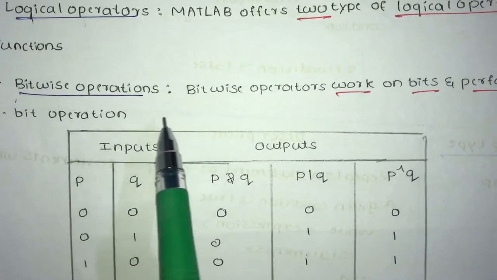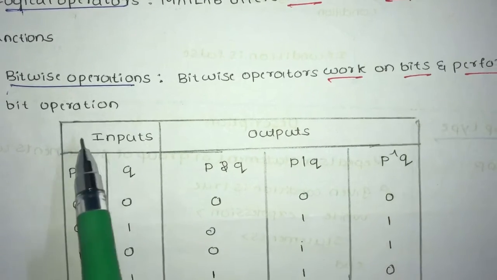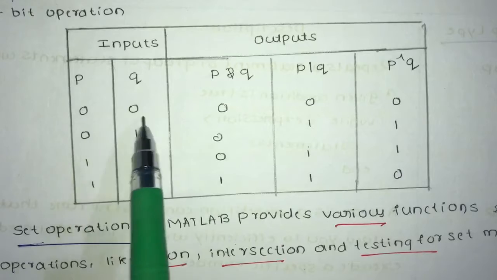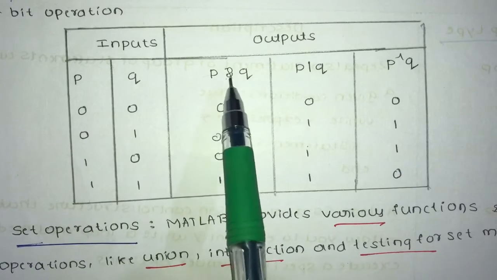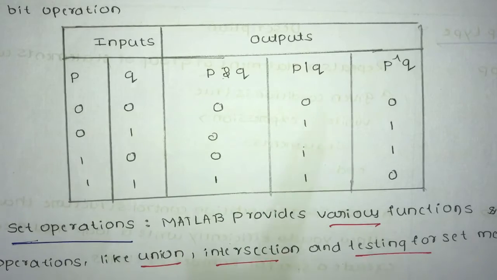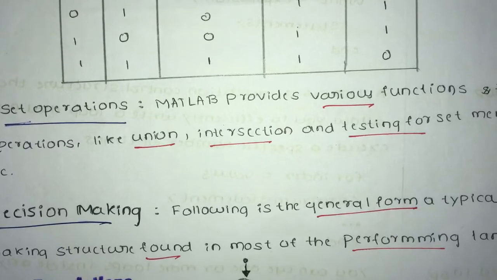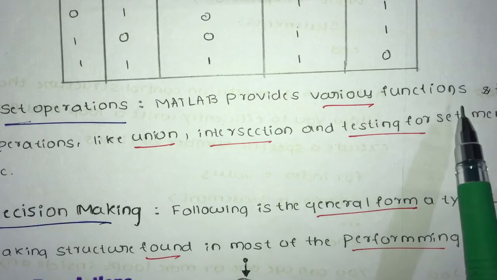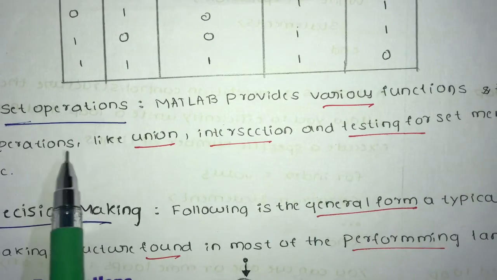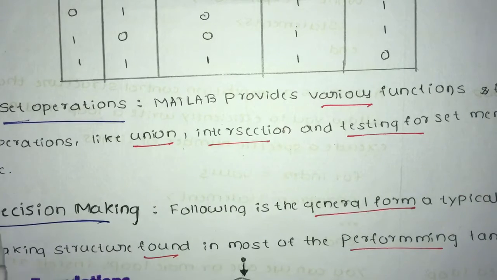Next we have bitwise operations. The bitwise operator works on the bits and performs bit by bit operation, such as and, or, and not. And next we have set operations. MATLAB provides various functions for set operations like union, intersection, and testing for set membership.